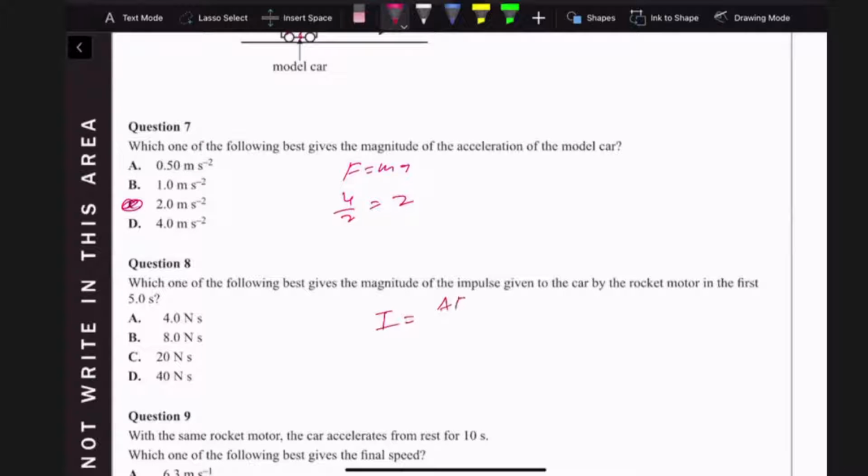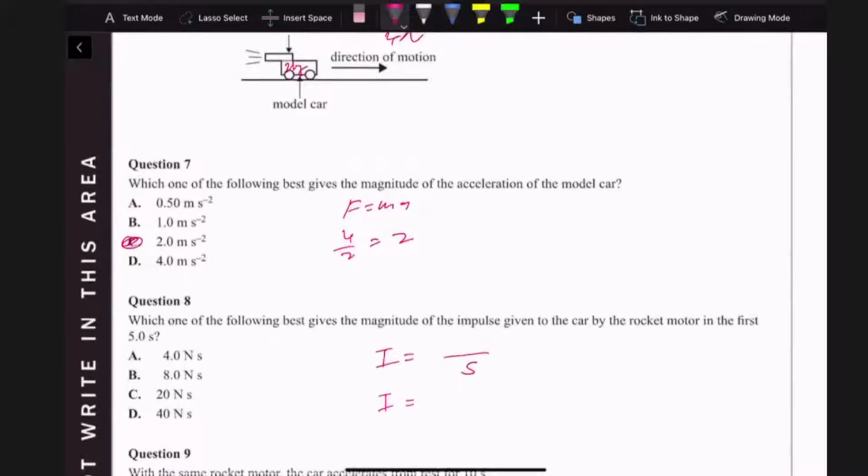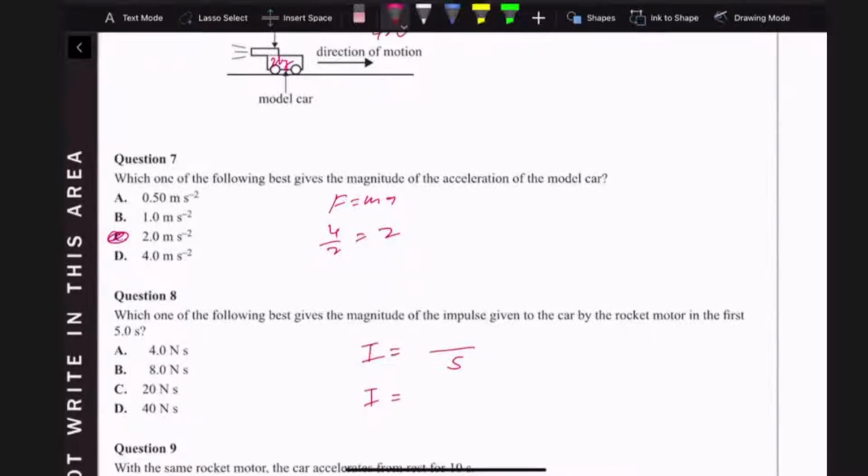Impulse is F times delta T, so the force is 4, and delta T is 5. My bad, I was using the wrong equation, sorry. F times delta T, so 4 times 5, which is 20.